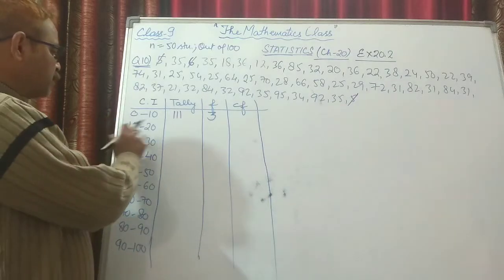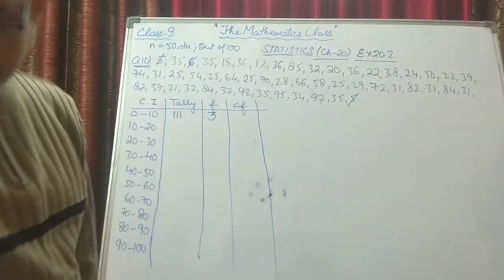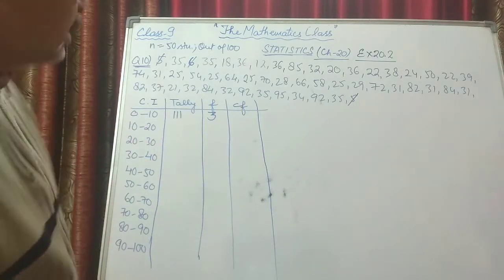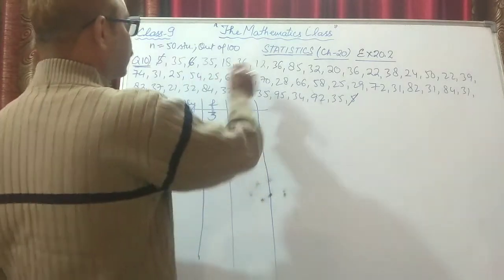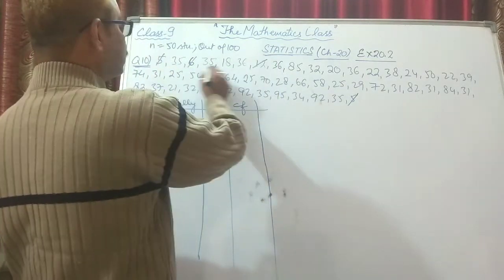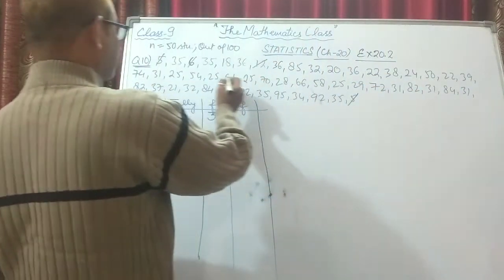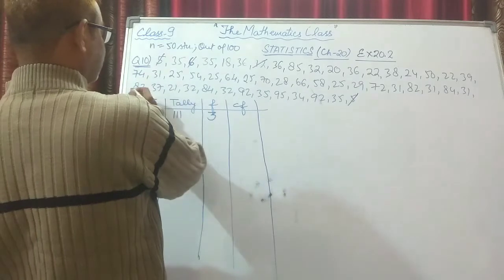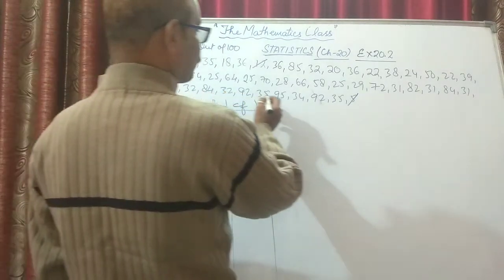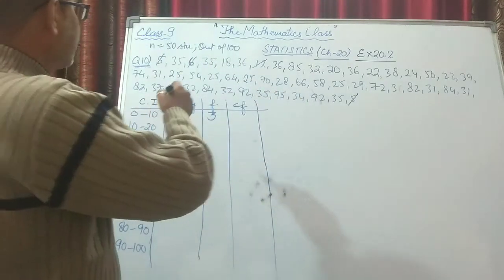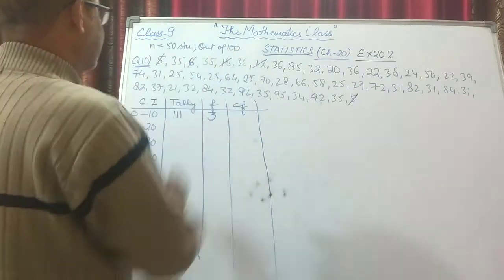Now we will see how many numbers are between 10 to 20. So 10 to 20, let us see, 1, 2, and so on up to 12 and 2, 18.